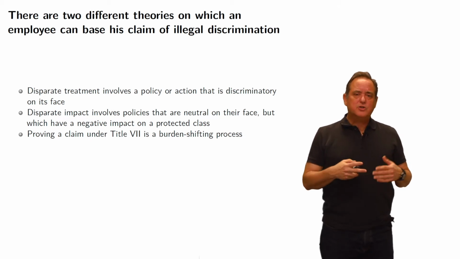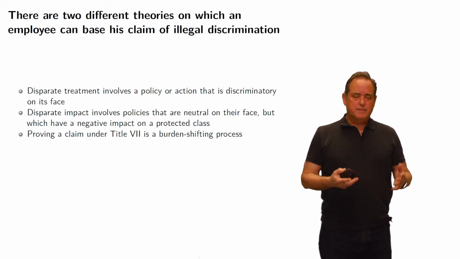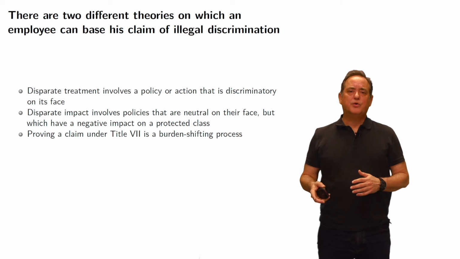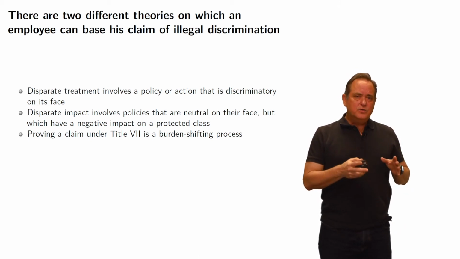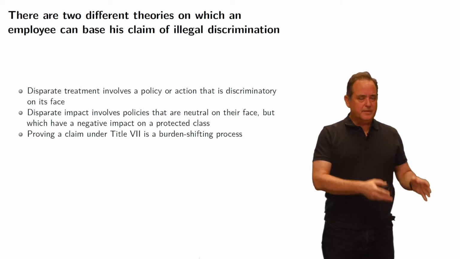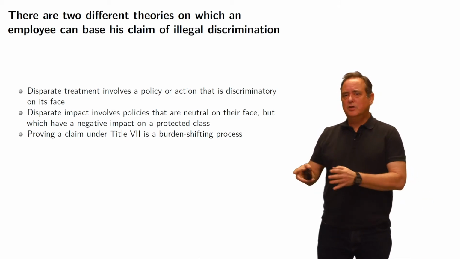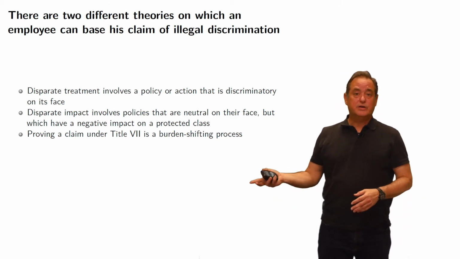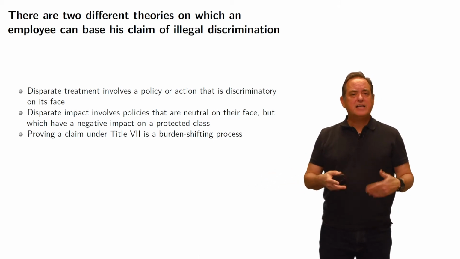And you have what's called the burden of proof. The plaintiff has the burden of proof. And in those cases, the plaintiff bears the burden of proof from the filing of the lawsuit all the way through the jury trial. The plaintiff has to prove his case.